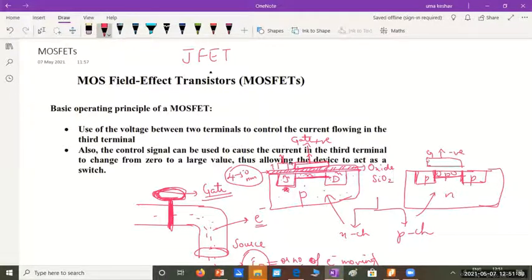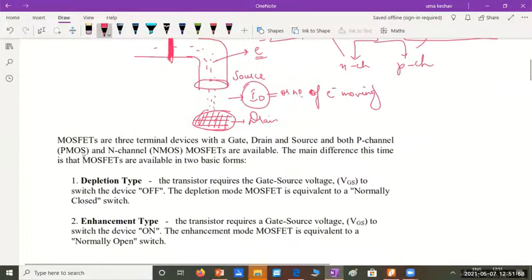That means I should give a negative voltage at the gate. Only then will holes get attracted. The free holes which are present in an N-type substrate, very few of them are there. They get attracted and they form this connecting channel between the source and drain terminals. Okay, so all this we know.